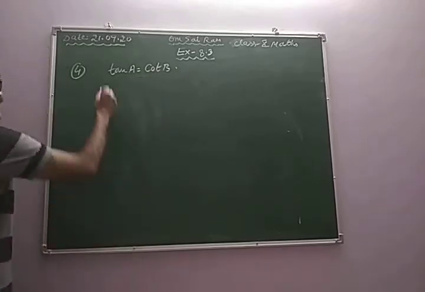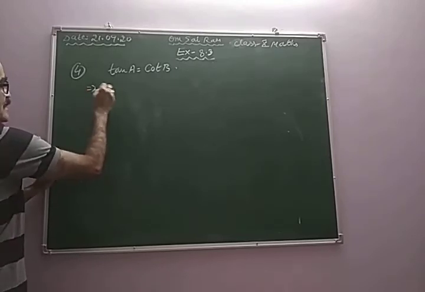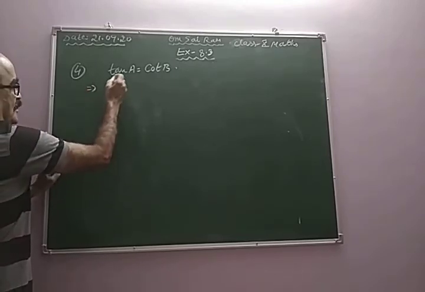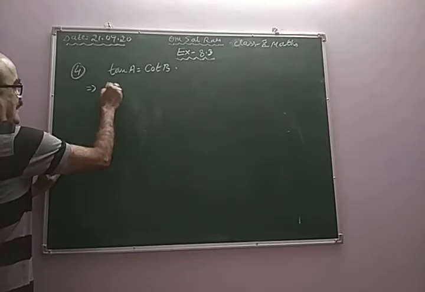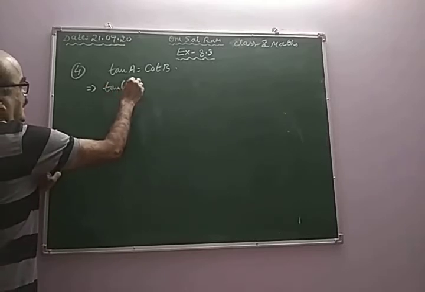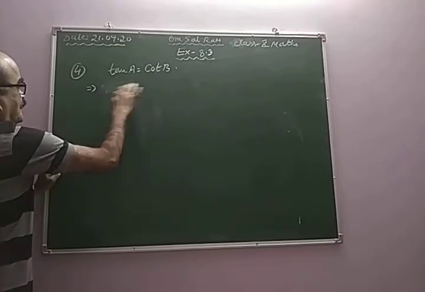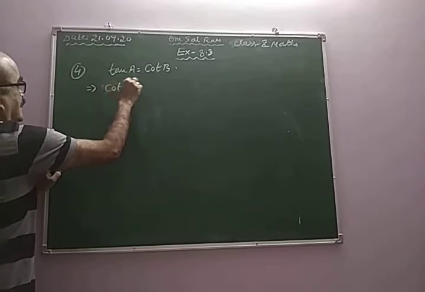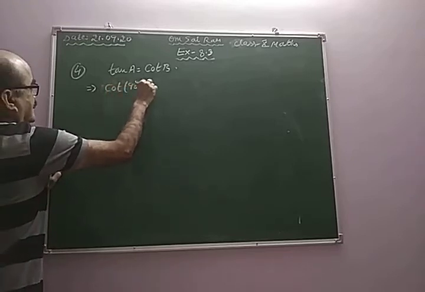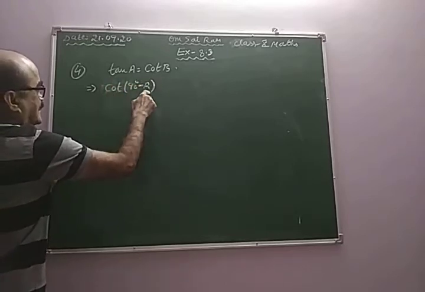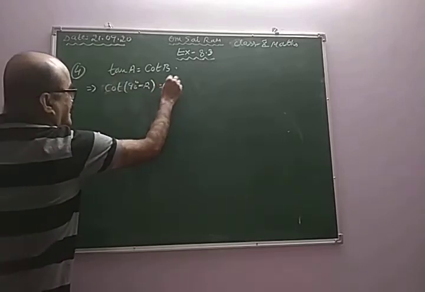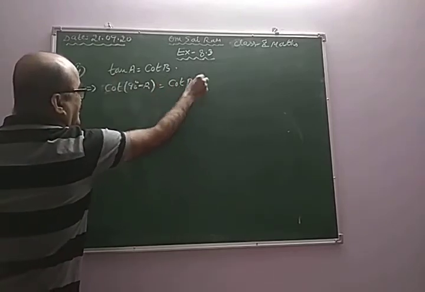So how will you change? We will find out by applying the ratio of complementary angle. So tan A will be cot of 90 degree minus A, because cot 90 minus theta is equal to tan theta, and this cot B will remain as it is.